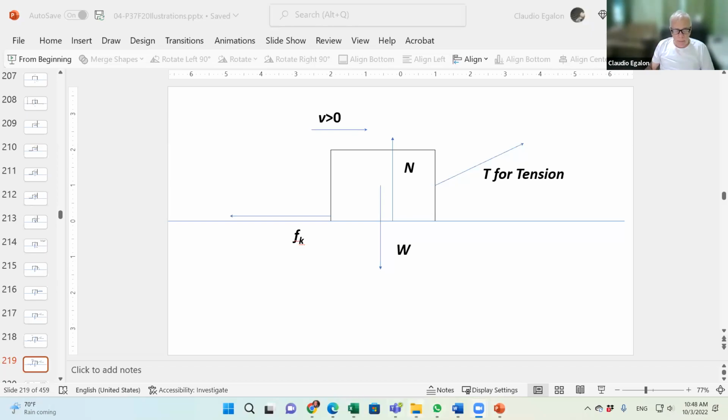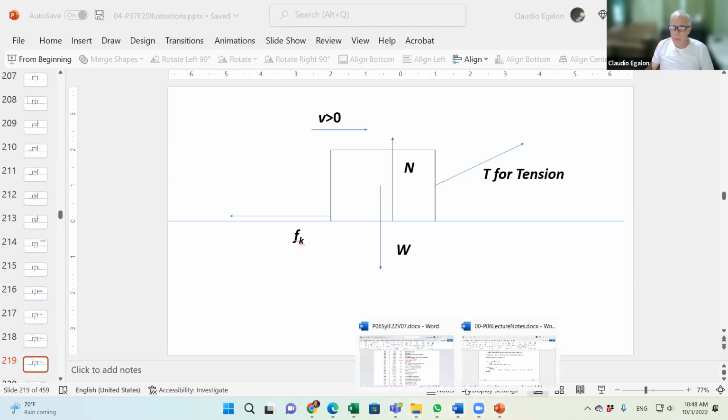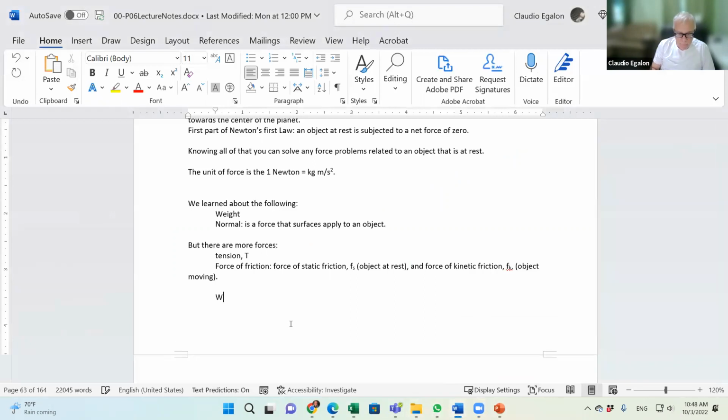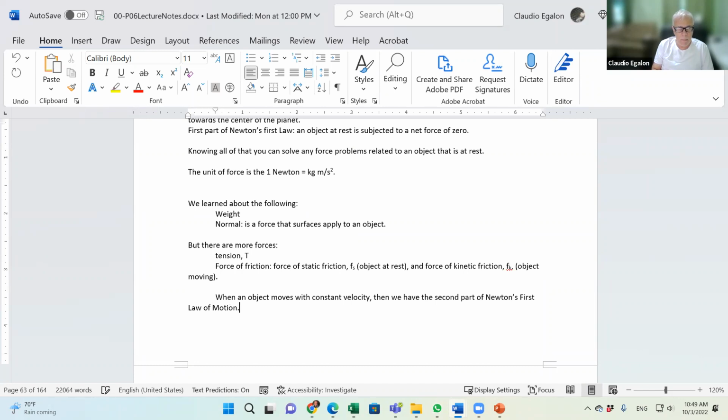Okay, so let's write it down here. When an object moves with constant velocity, then we have the second part of Newton's first law of motion, which is very similar to what you saw.